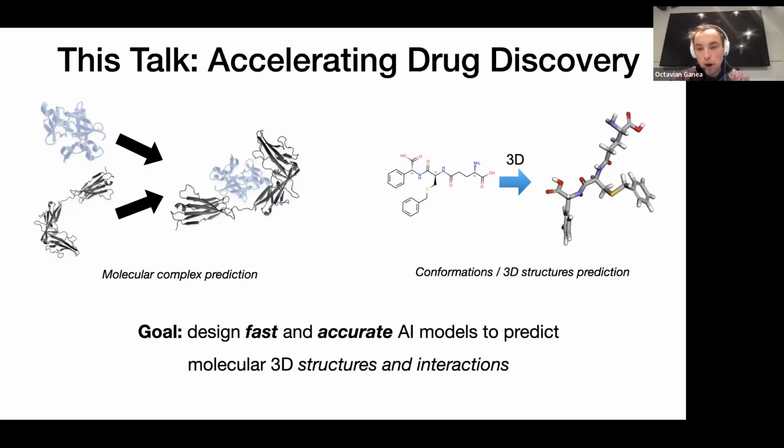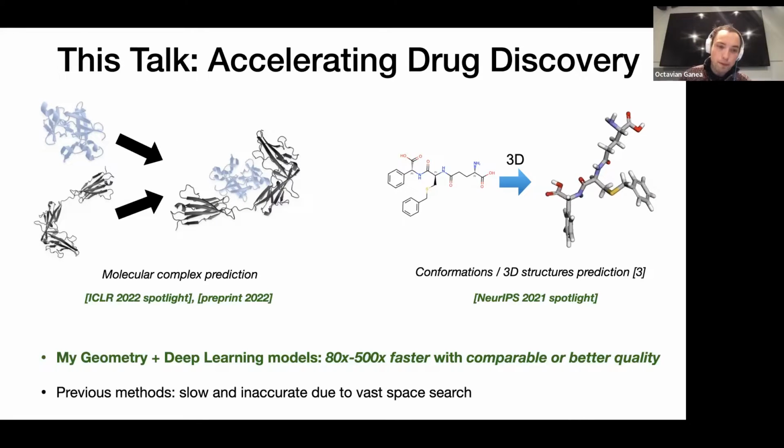I'll also highlight a solution for predicting conformations, like ensembles of low-energy conformations of small drug-like molecules. I combine geometry and deep learning to tackle these two problems, and I achieve tens to hundreds of times speedups compared with existing solutions like commercial and open-source software, while achieving comparable or better quality, as I will show a bit later.